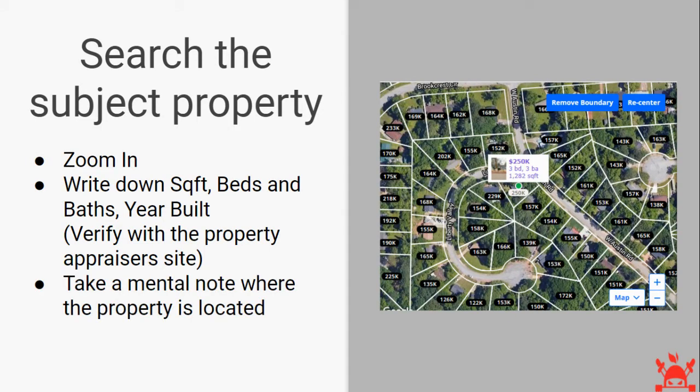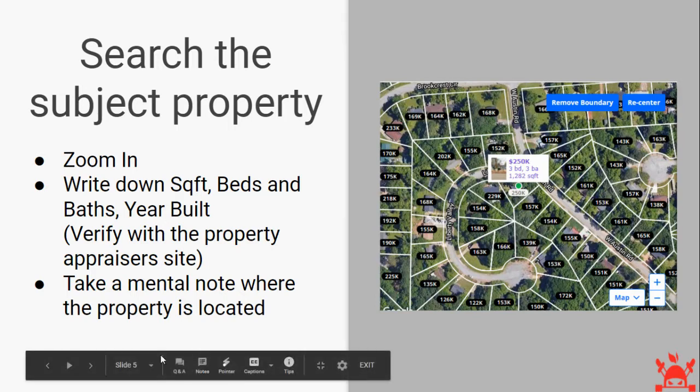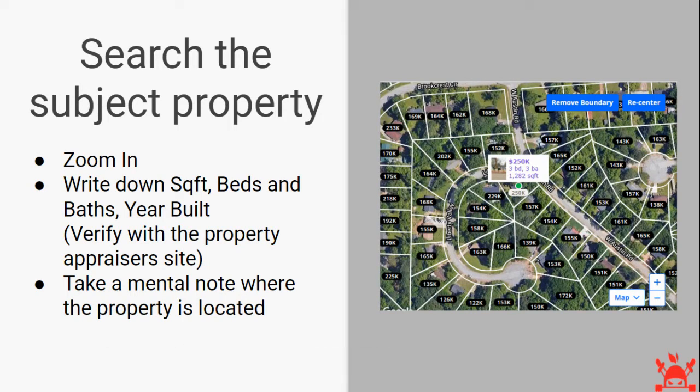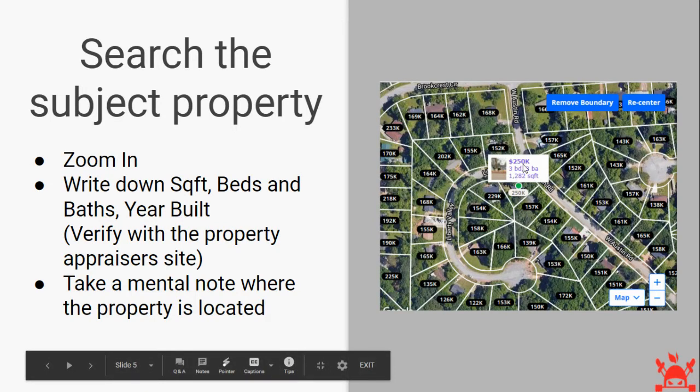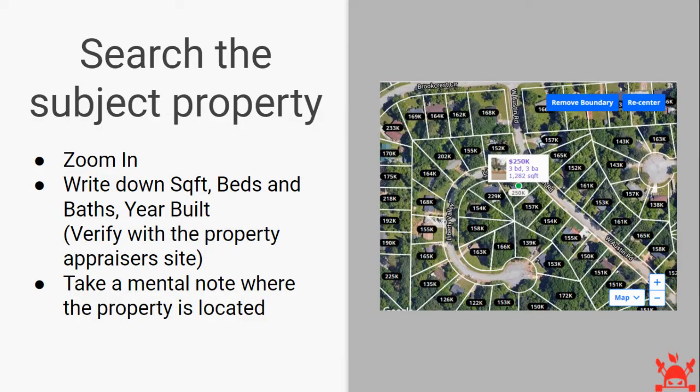All right, and then we're going to take mental note of where the property is located. What I mean by that is, we kind of already did that. We know that there's a corner lot and there's this little horn right here. Go back to Zillow here.